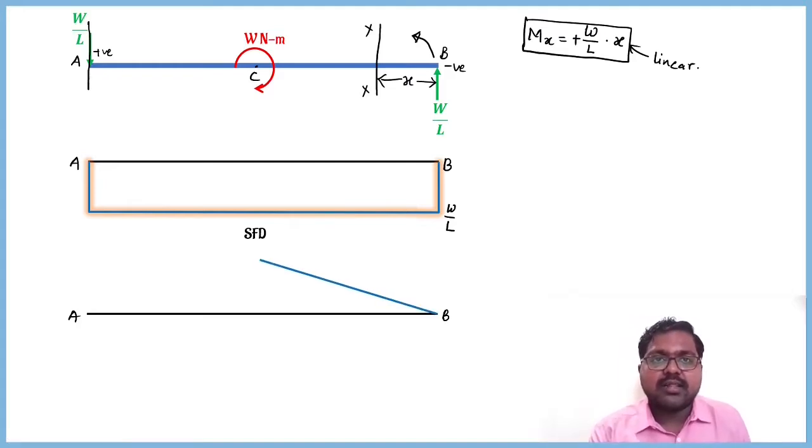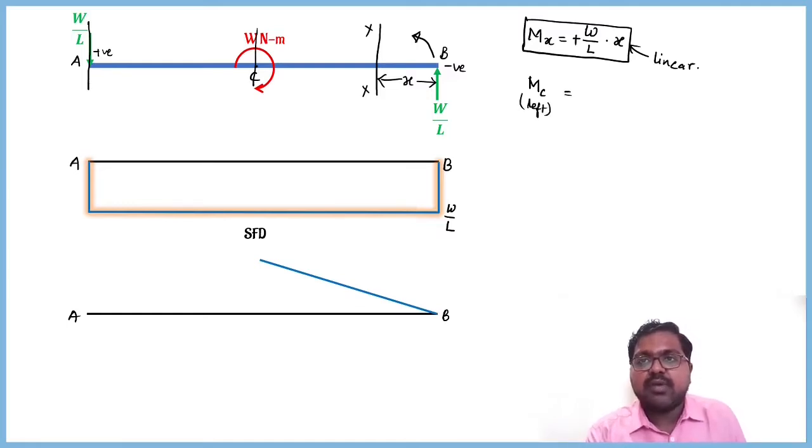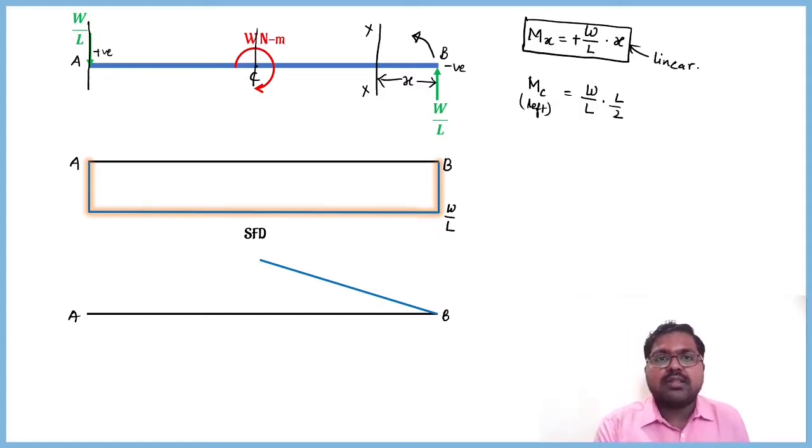Then at this point C, if we consider this section MC, immediate left of C, we are having W by L into X, where X will become L by 2. Then this clockwise moment on right side is acting, means it is hogging.